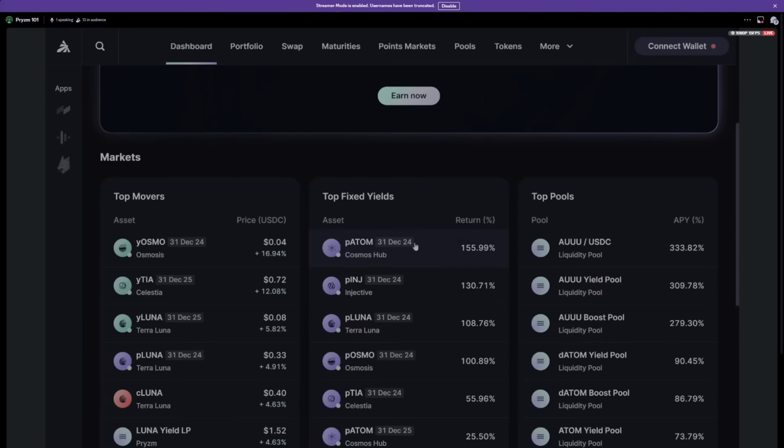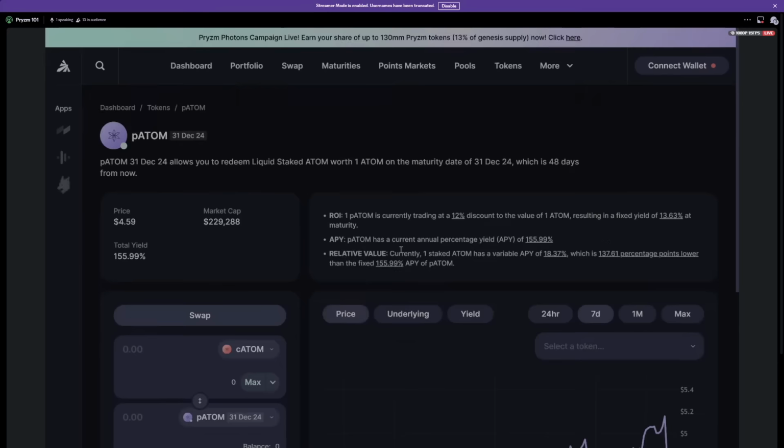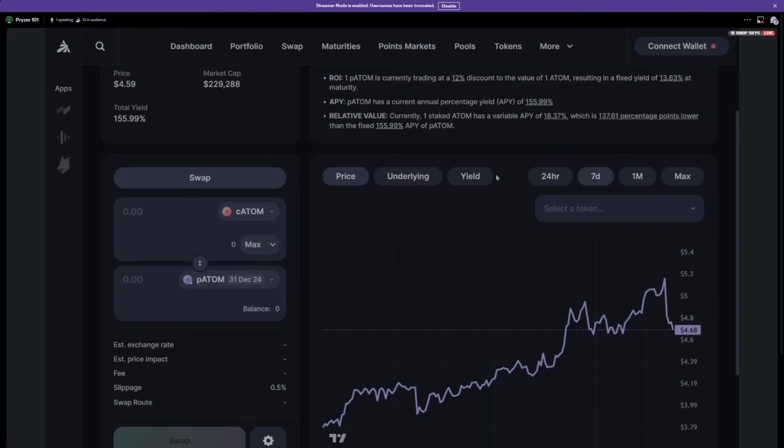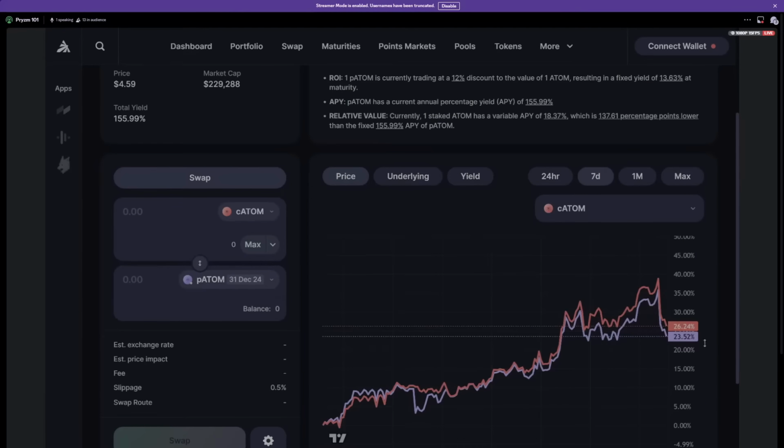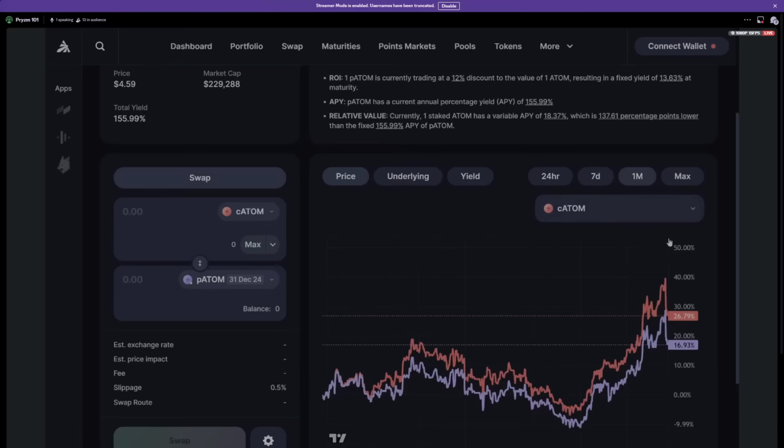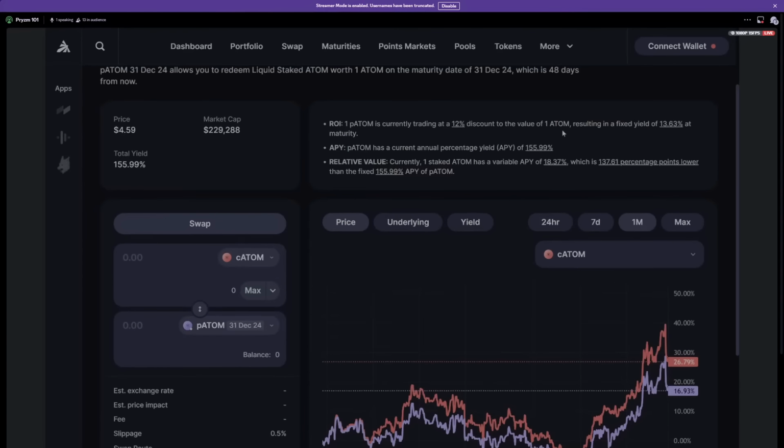A good time to buy a fixed yield token is when its price has been underperforming, and its yield has gone very high. So you can see here, you can graph this up against the liquid stake token again. You start looking at this and be like, well, okay, that's trading quite cheap now compared to the liquid stake token, maybe at a fixed yield of 155% or 166%. Now could be a good time to buy a fixed yield token.